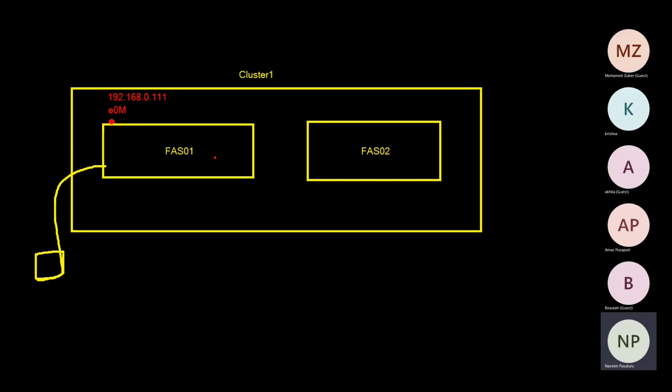That is what we'll call a cluster management port or cluster management IP. So you need to select one more port as a cluster management port. This is not a node management. Node management belongs to only this particular node, but cluster management belongs to the entire cluster. Okay, did you get it?